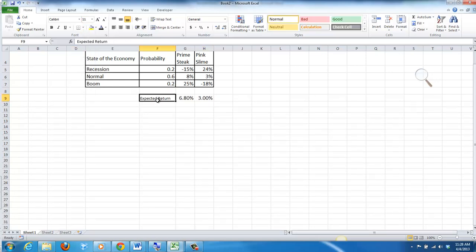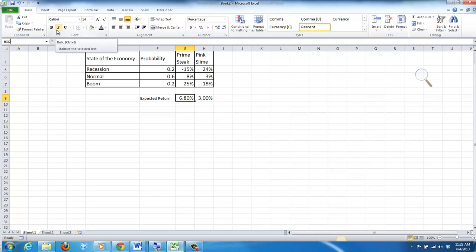My standard deviations then, to calculate this, I'm going to make my life a little easier here. I'm just naming it up here in the corner, expected prime, and this is going to be expected pink.